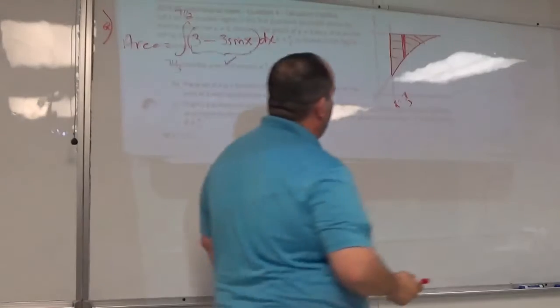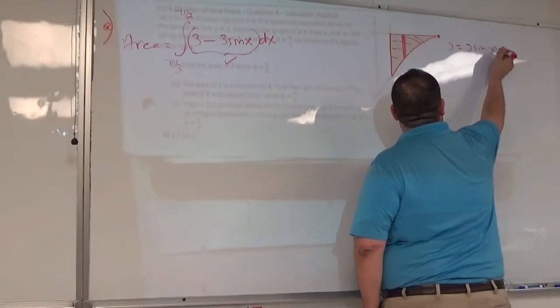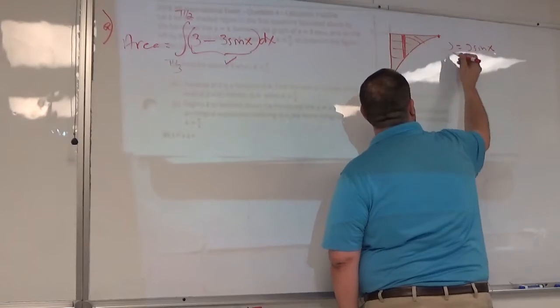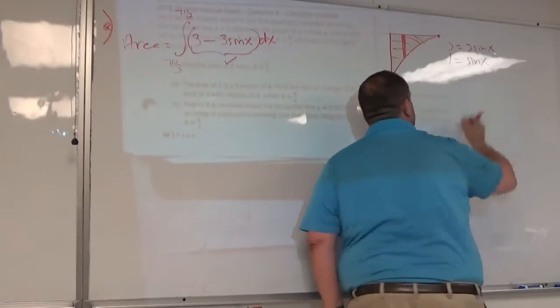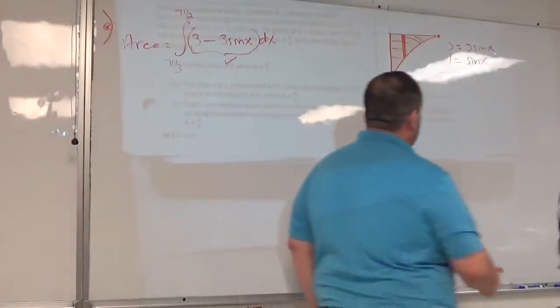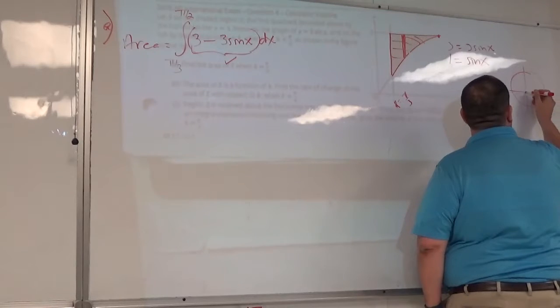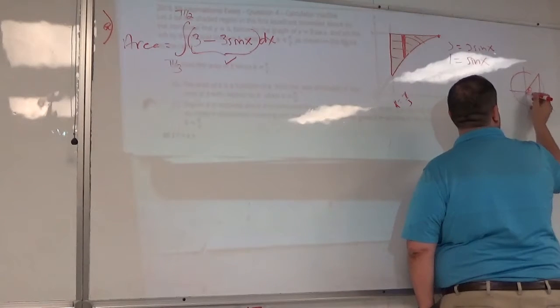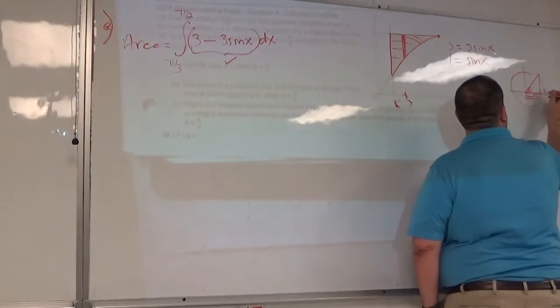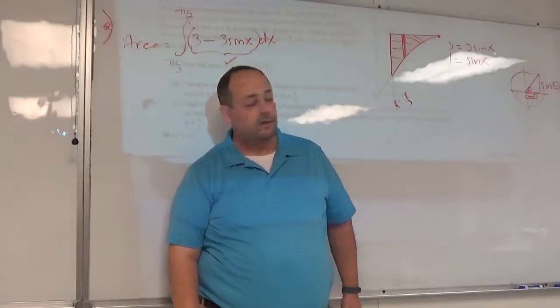Now, where I saw a lot of folks getting tripped up is in determining when this is true. When is 3 equal to 3 sine of x? Well, that's the same as saying when is the sine of x equal to 1. On the unit circle, it always goes back to the unit circle. When you talk about sine and cosine for any angle, the cosine is the horizontal and the sine is the vertical.